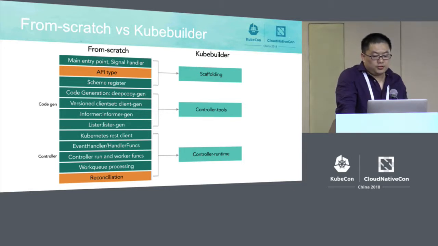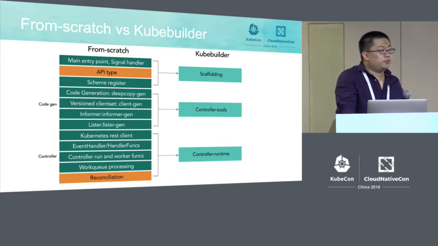So thanks to the Kubernetes community, we have a very powerful tool like ClientGo. ClientGo provides a tool cache library for building local cache, informer, indexer, many kinds of queries, etc. Code generator tools can help you with the versionized client sets, informers, listers, and deep copy functions.